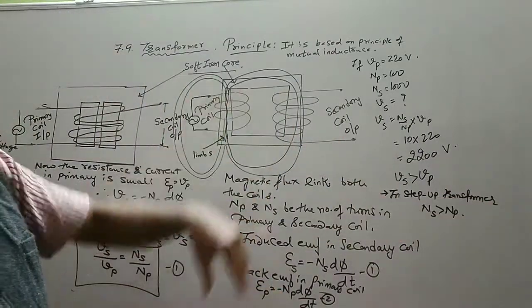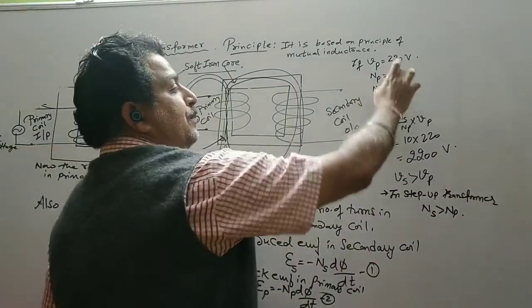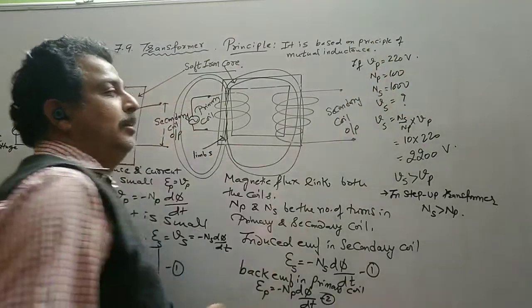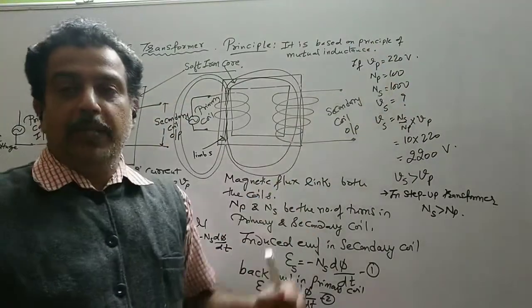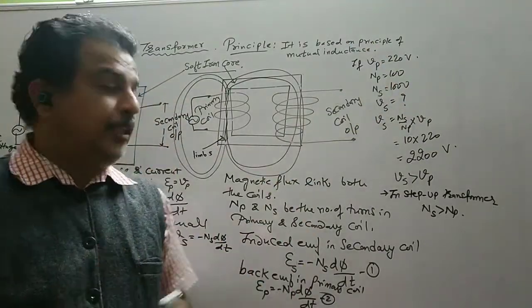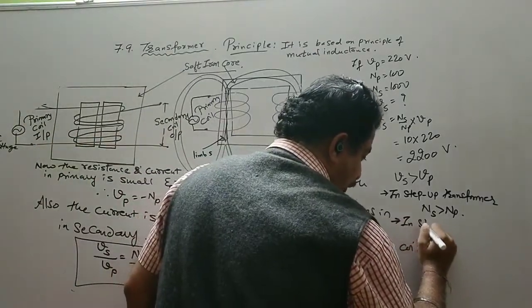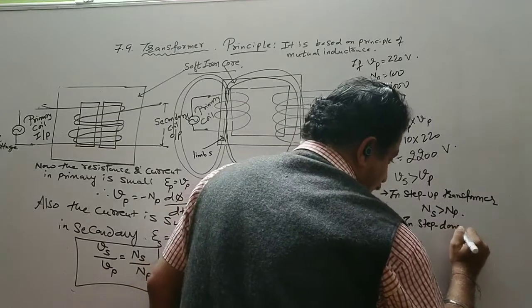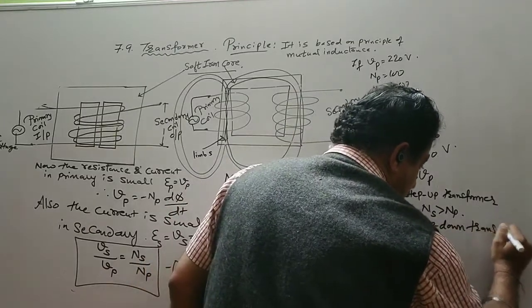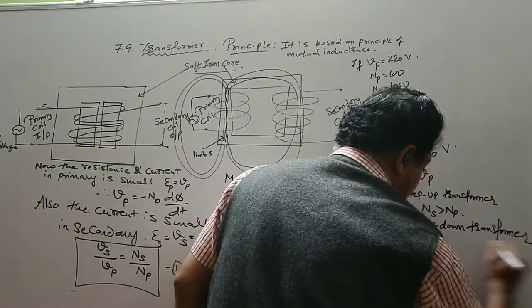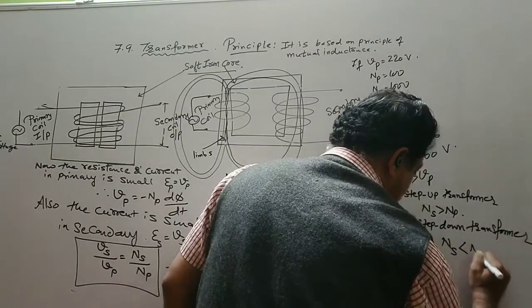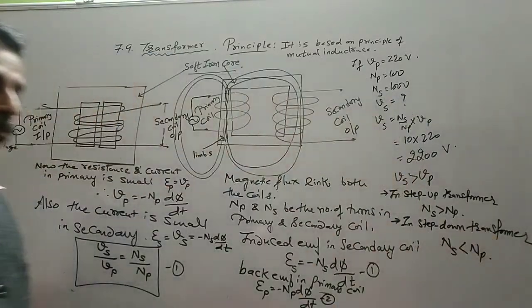Similarly, if we change this value, the output voltage will be 1 upon 10 times, that is 22 volt only. So in a step-down transformer, Ns is less than Np.